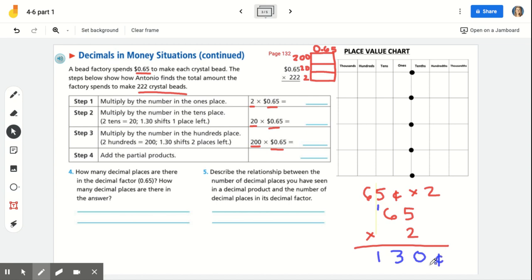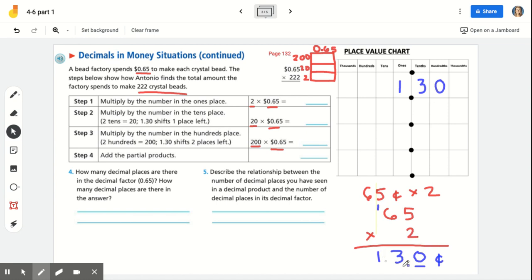And what we were practicing is that our last digit goes in the hundredths place value. So let's use our place value chart to help us, and then we can transfer it into our book. 130, starting with our 0 in the hundredths place. Go ahead and add it into your place value chart. Can you do it? The 3 goes in the tenths, and the 1 goes in the ones.